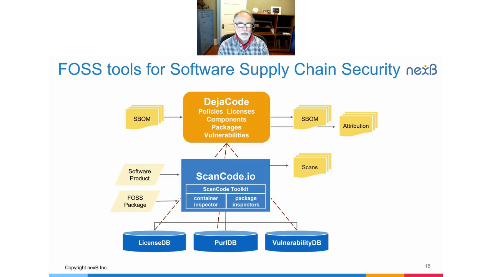So this is a diagram showing you some of the major elements. Up at the top, DejaCode is dealing with policies, licenses, components, packages, vulnerabilities. It's intended to work across all your teams. So it's an enterprise level application where you have many different products with their bills of material.